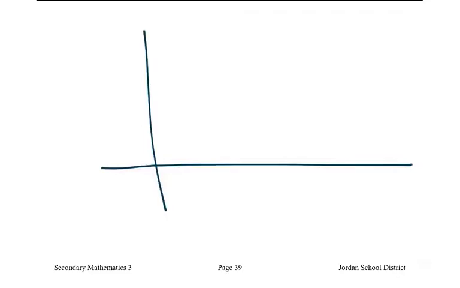Now, the way to think about this is, first I'll just graph sine functions, okay? And let me show you what the parent function looks like. So, the period on a parent function is 2 pi, okay?